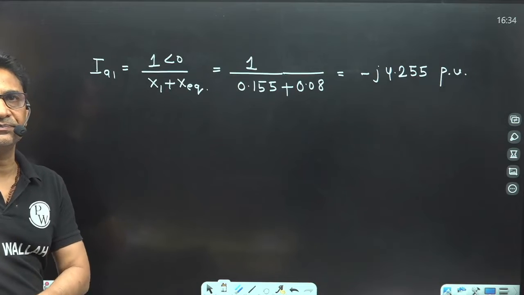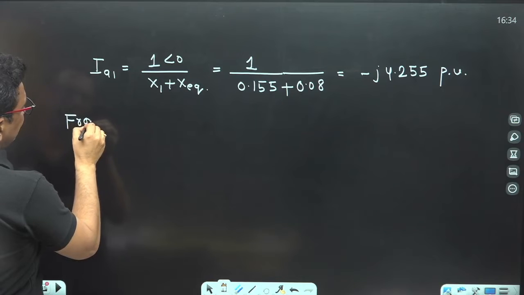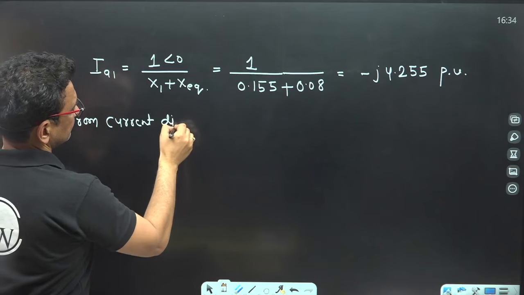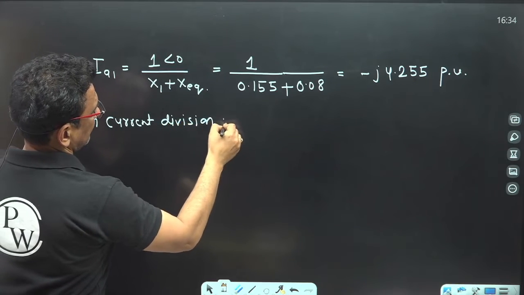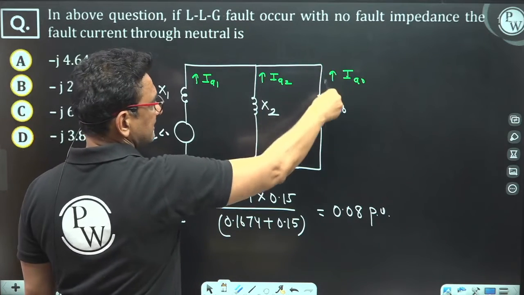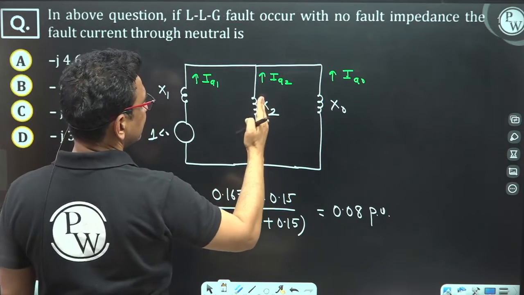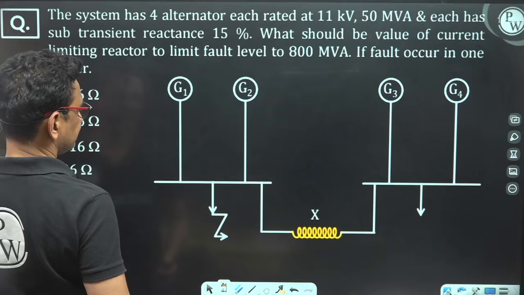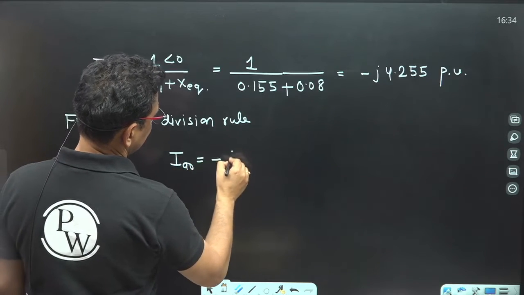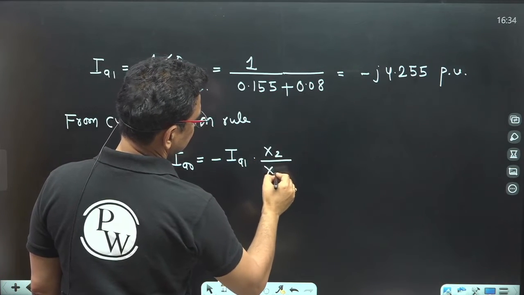This is IA1. Now, from the current division rule, you can find out the value of IA0. IA1 will divide between X2 and X0. So by the current division rule, IA0 is the negative of IA1 times X2 divided by X0 plus X2.